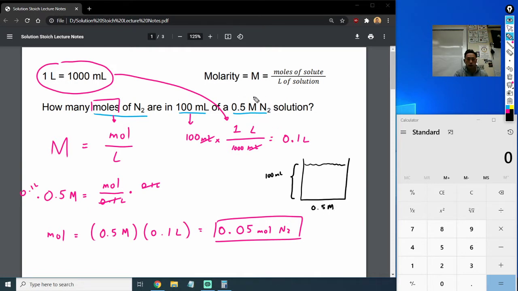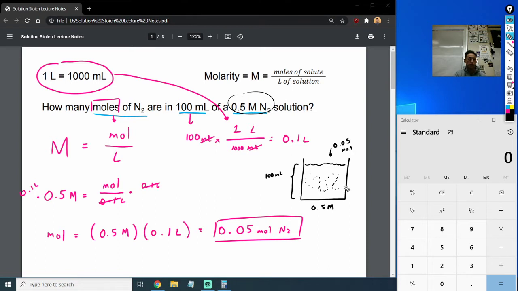Based on our calculations, what that tells us is that there are going to be N2 molecules inside of this solution. And how many molecules do we have? We have 0.05 moles. And that's the answer that we found here.